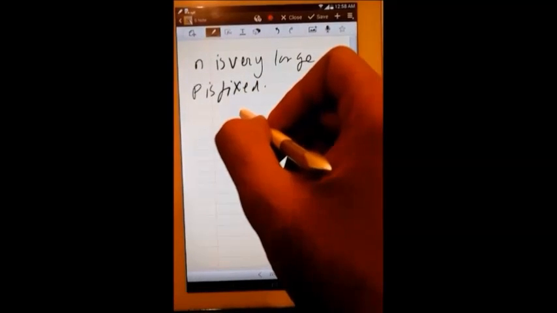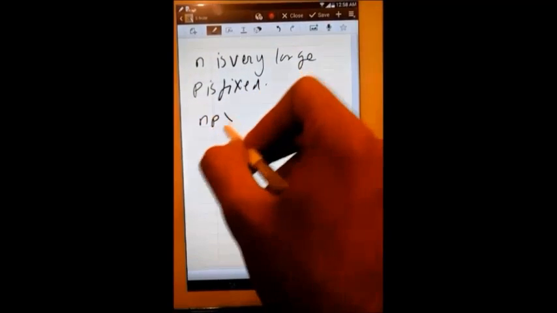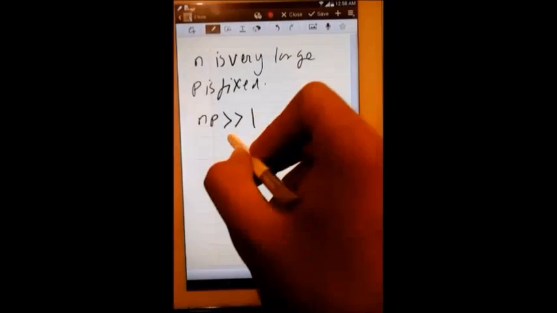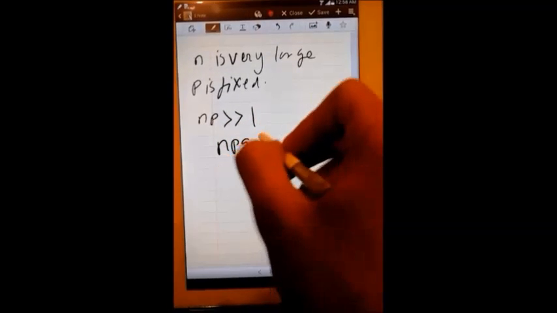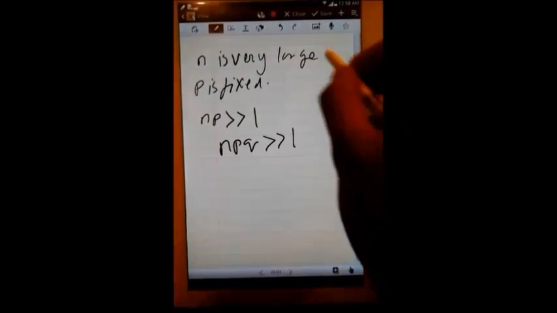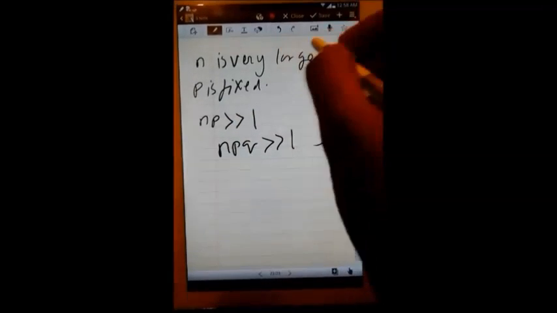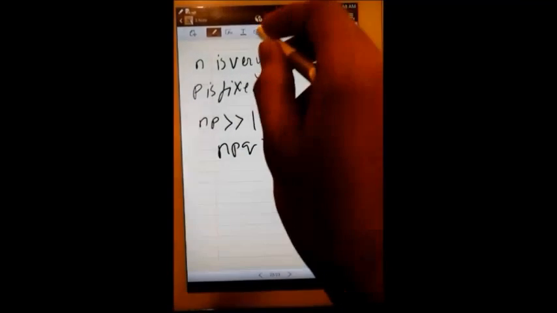Therefore, np is much greater than 1 and npq is very much greater than 1. These were the conditions for the normal approximation to be valid.